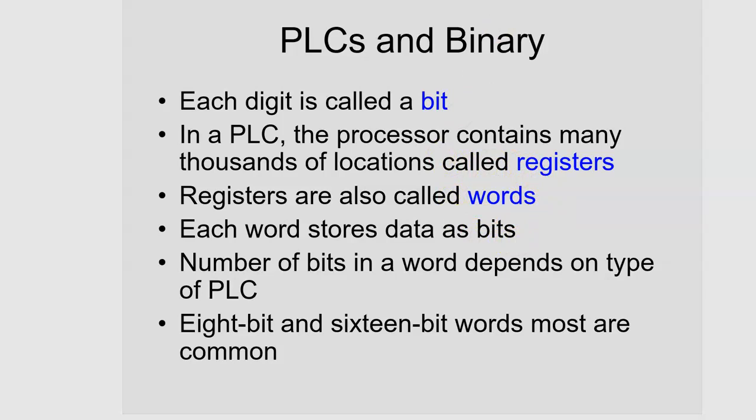We talked about a bit being a 0 or a 1. We mentioned the term byte. A byte is 8 bits. Well, a word is a certain number of bytes or a certain number of bits. And it's not fixed. A word is machine dependent, meaning that whoever designs that machine determines how big a word size is going to be.